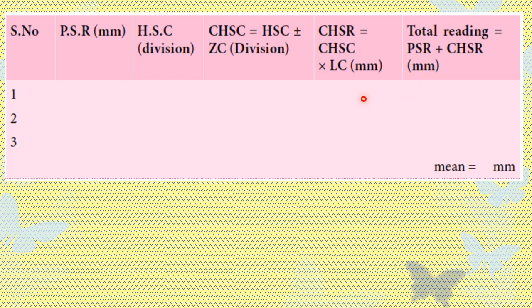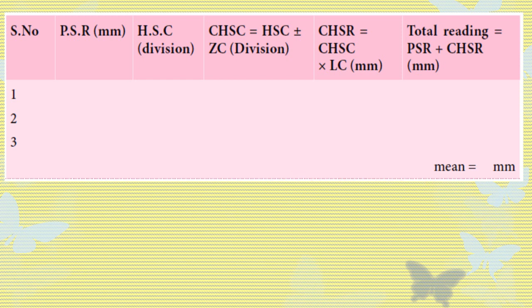If you take 3 readings in 3 different positions, then you have to take the mean of the 3 total readings. That means you add the 3 and divide by 3, then you will get the final value in millimeter, which shows you the thickness of a thin coin.